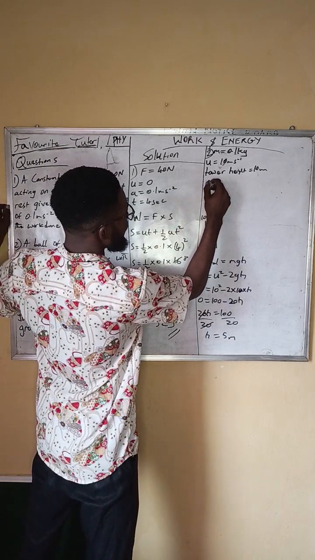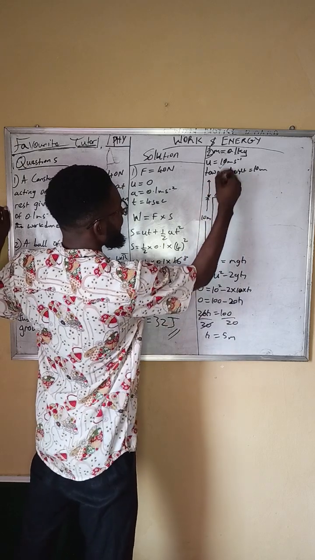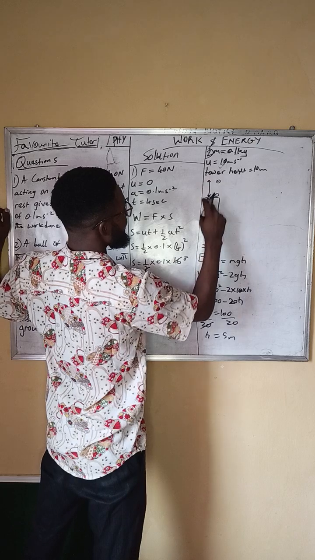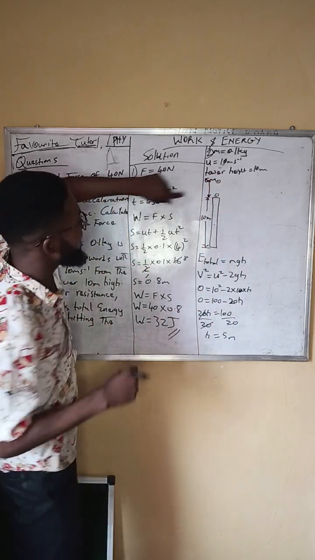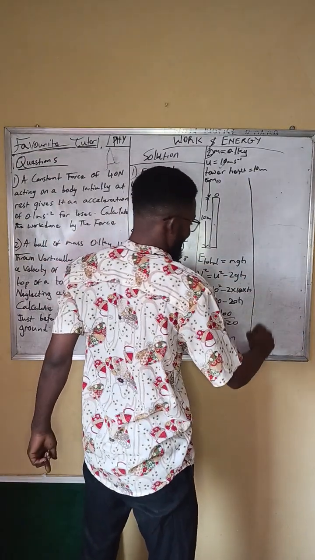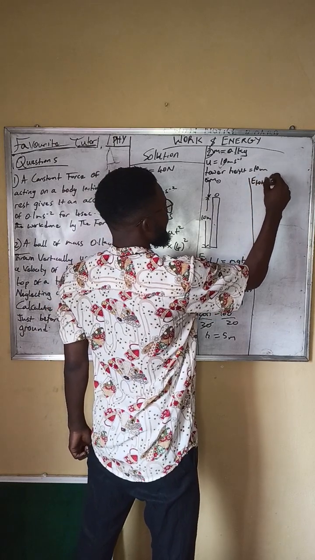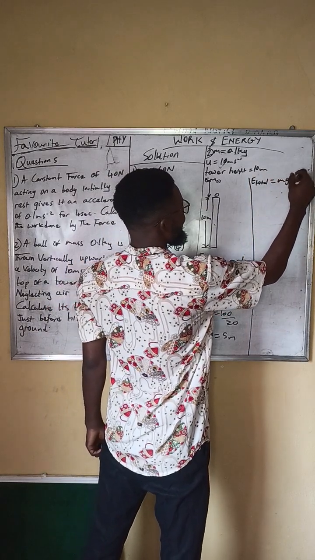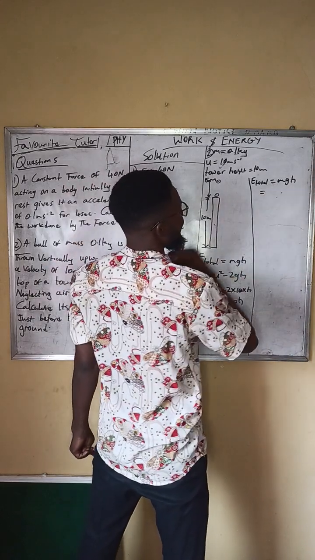So from this place to here is 5 meter. If I add the additional 5 meter to 10 meter, the maximum height will be 15 meter. So let us calculate the total energy at maximum height, which is the gravitational potential energy, mgh.